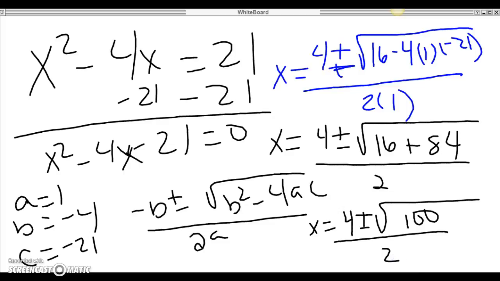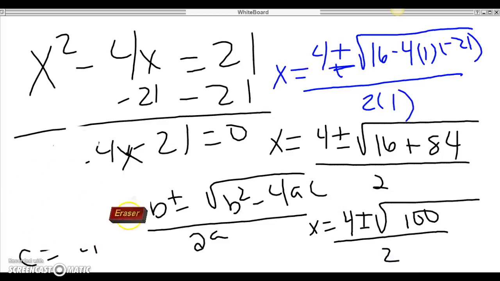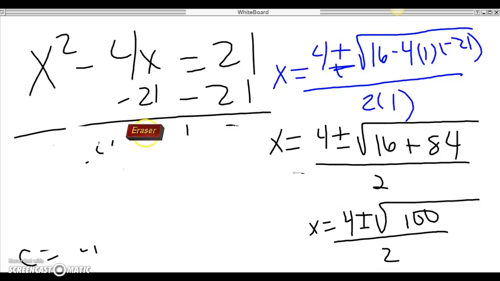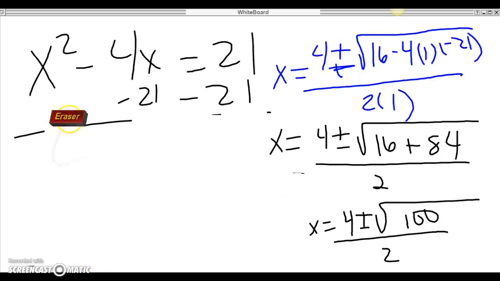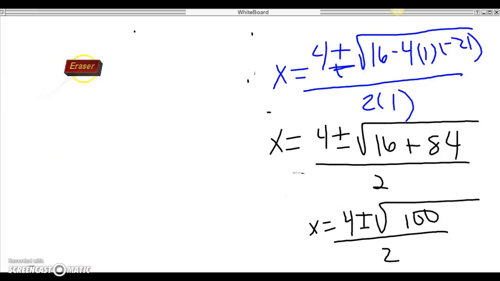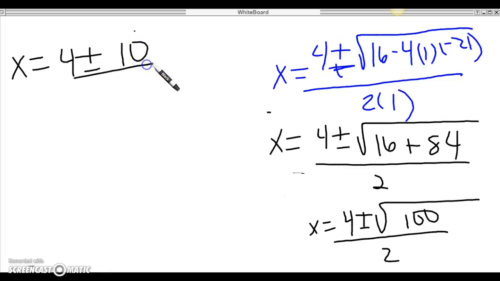I have run out of space, so I'm going to do a little erasing over here. Hope you don't mind. If so, you can rewind it to see what I wrote. And I get x equals 4 plus or minus 10 over 2.